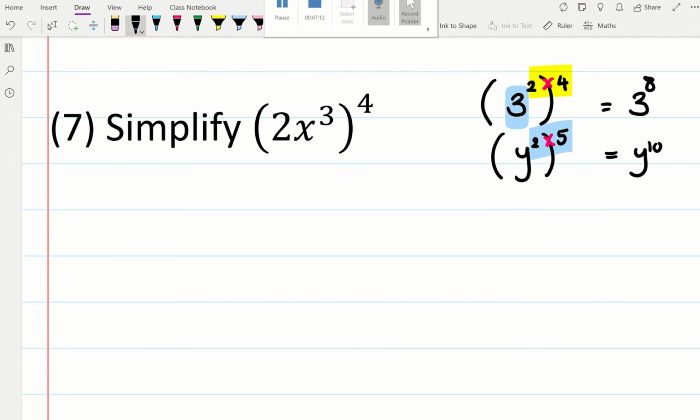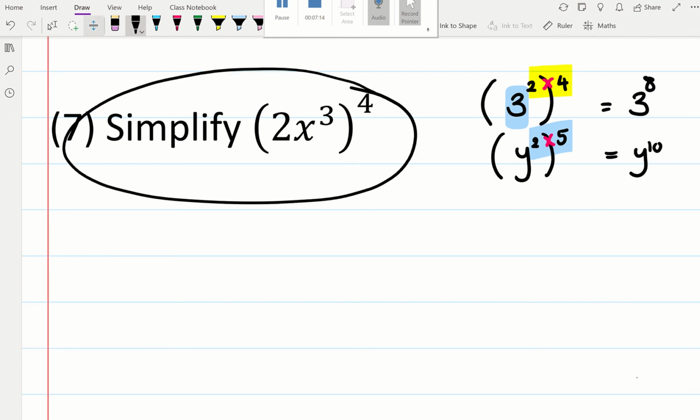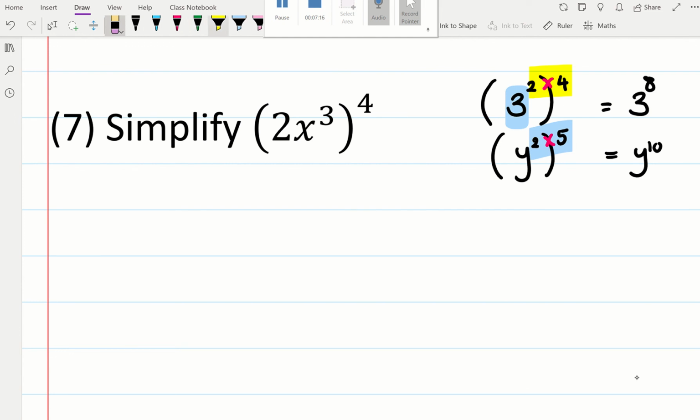But these questions here and the ones below are a bit more complicated because you actually have 2 separate bases. You have 2, you have x, and then you have the powers. And the power of 3 is actually attached to this base.